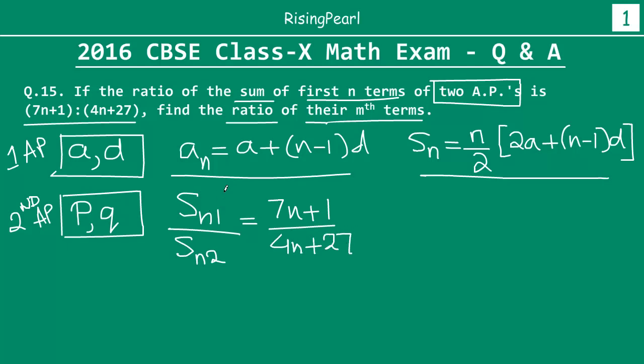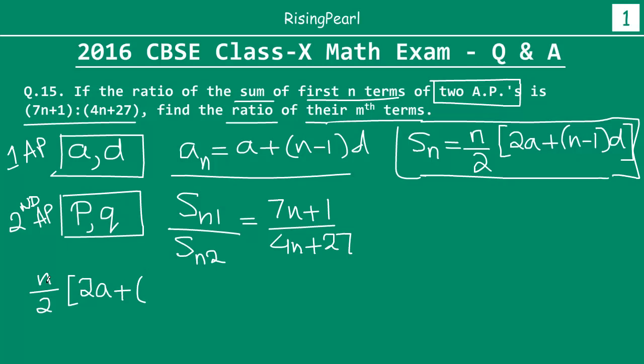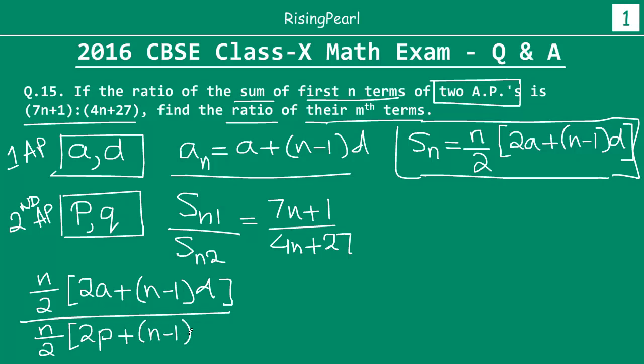So for the first AP, the sum of first n terms is n by 2 times 2a plus n minus 1 times d. Divided by, for the second AP, n by 2 times 2p plus n minus 1 times q.